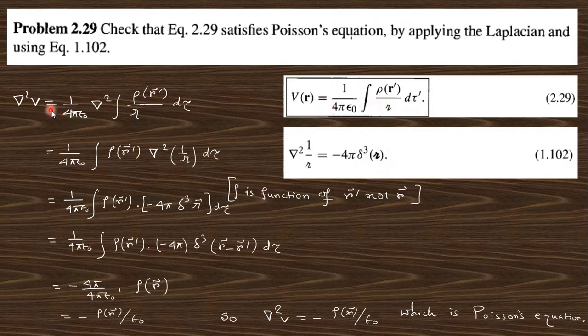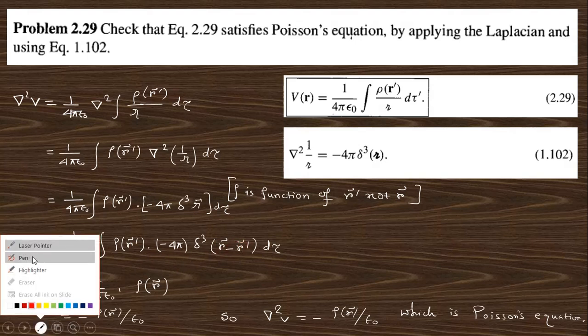So if you take grad squared V, 1 by 4π grad squared of these two, the grad squared acts only on the curly r, because rho is a function of r prime, not r, but the gradient is with respect to r, so rho can be taken out from the gradient. This value will be minus 4π delta of curly r, and curly r is nothing but r minus r prime, and minus 4π is taken out.